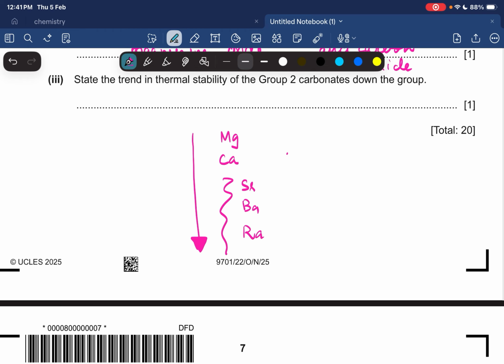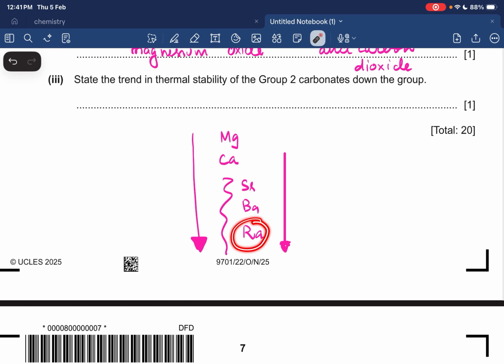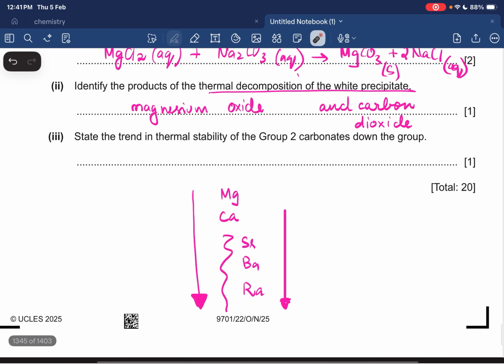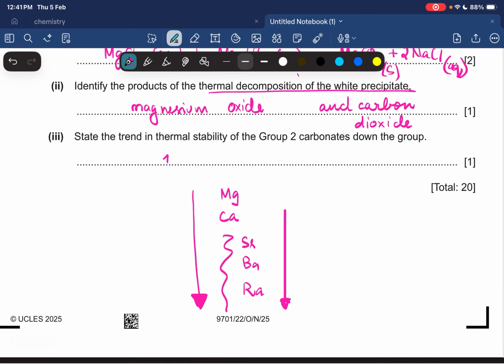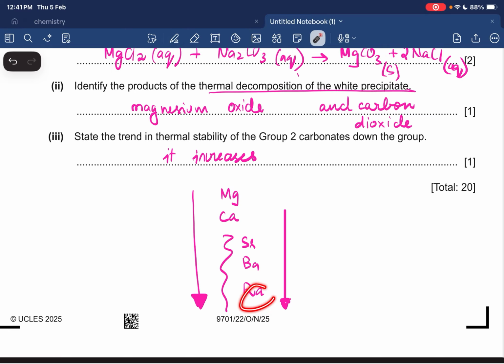It gets more reactive, and when it's more reactive, it tends not to decompose because it can form ions more readily. It tries not to decompose. So the trend in thermal stability increases because a stronger bond is formed, right?